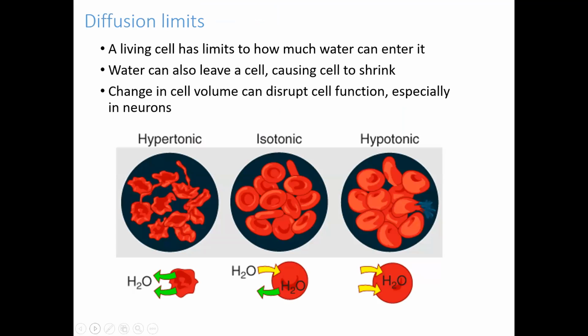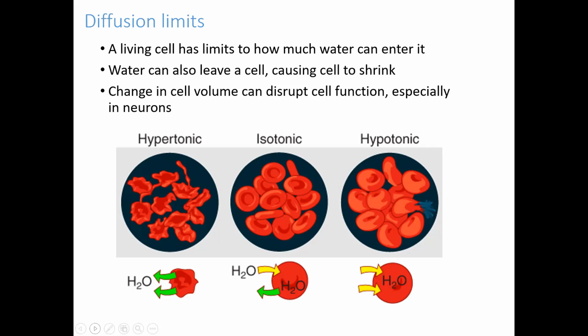The terms here, hypertonic, isotonic, and hypotonic, refer to the concentration of the solute outside of a cell. What's in the interstitial fluid? In a hypertonic environment, the solute concentration is higher than the cell.